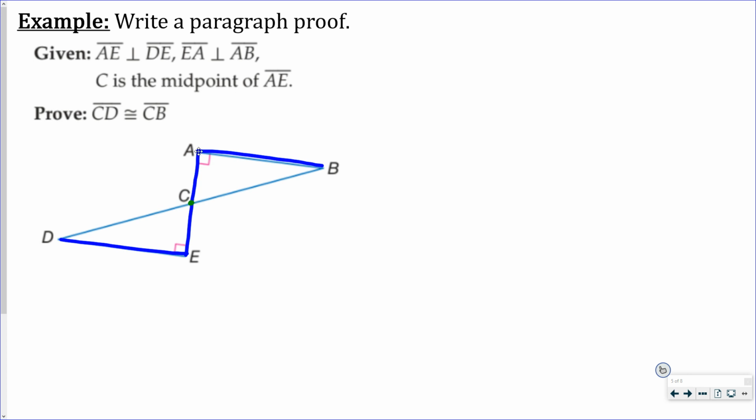Okay, just like before, we always have to start with stating what's given to us. So in a paragraph proof, if I'm writing this in a complete sentence, I'm just going to say we are given that, and you can just restate that. And again, you don't have to write out the word perpendicular.